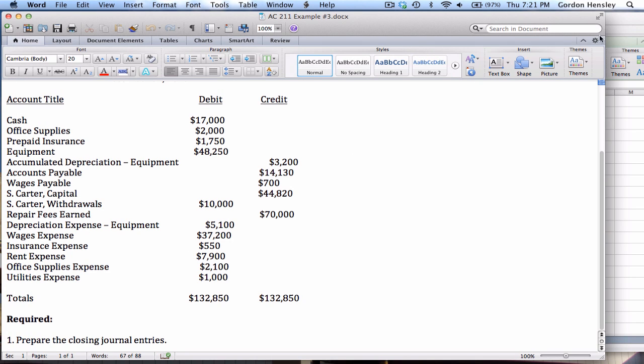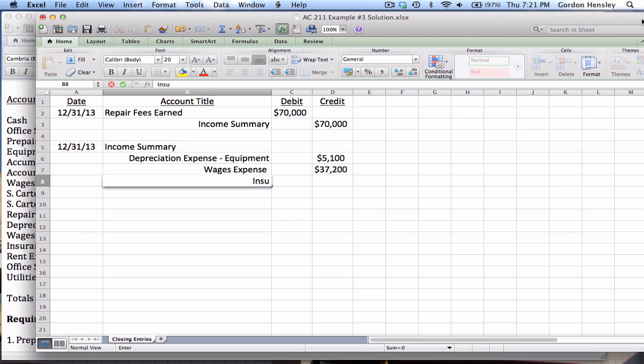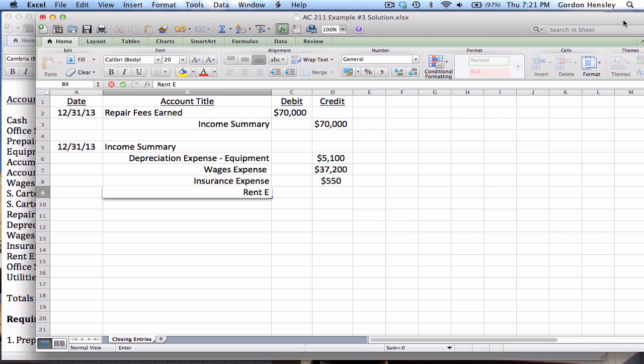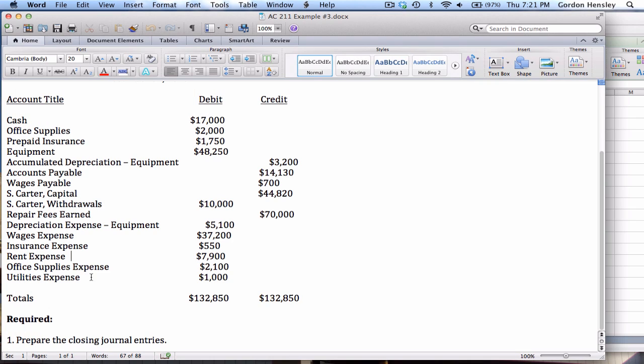Then insurance expense, $550. Then rent expense, $7,900. The next one, office supplies expense, $2,100.